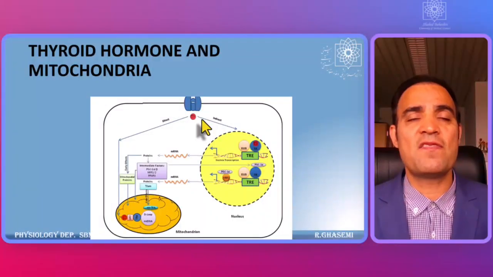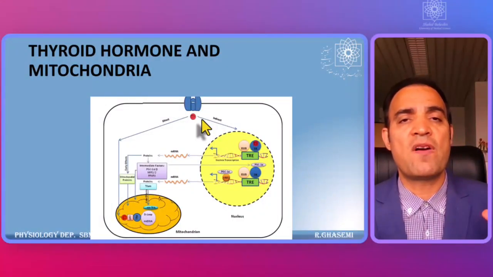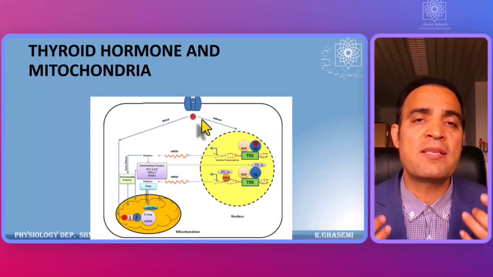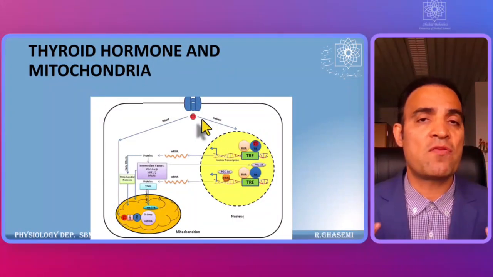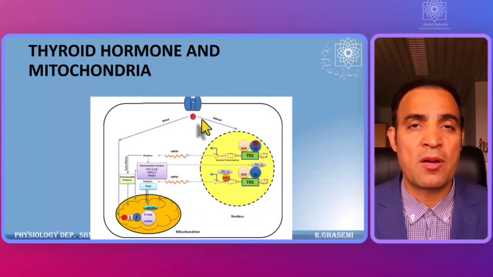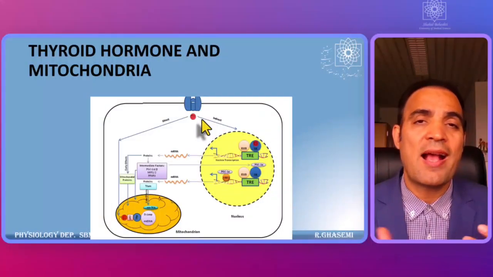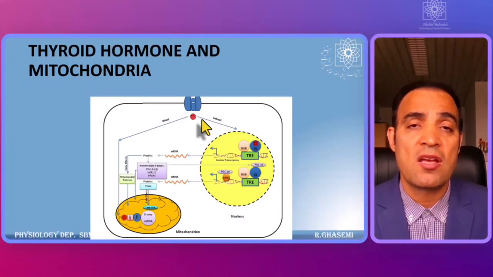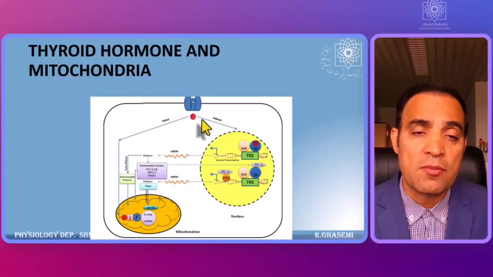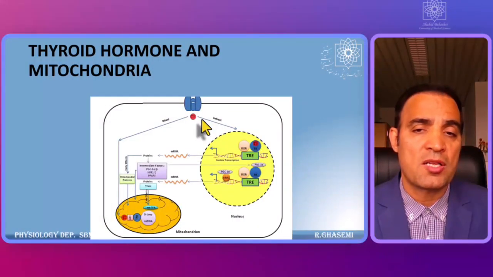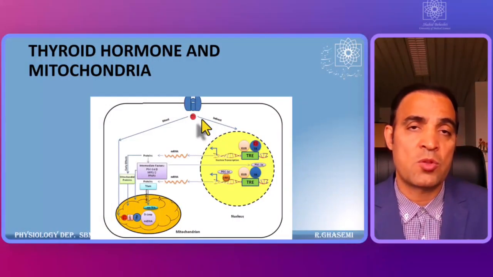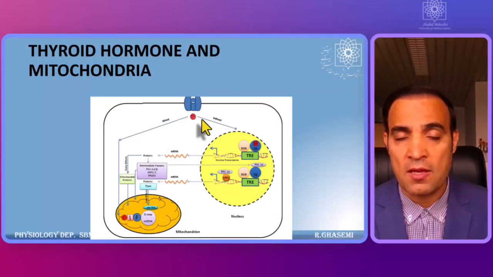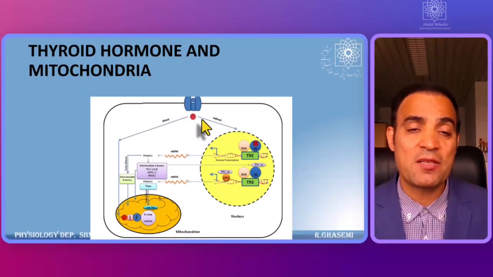For this reason, if you want to evaluate the function of thyroid hormone, the best way is to evaluate the basal metabolic rate, how much oxygen is used by the body, and this is one criterion for the function of the thyroid hormone, because the mitochondria is one of the most important targets in the cell that is affected by thyroid hormone.